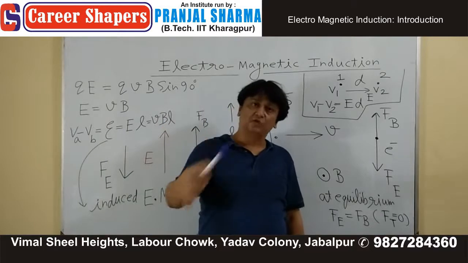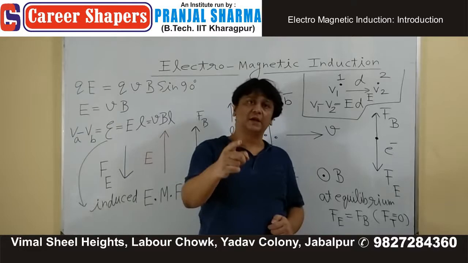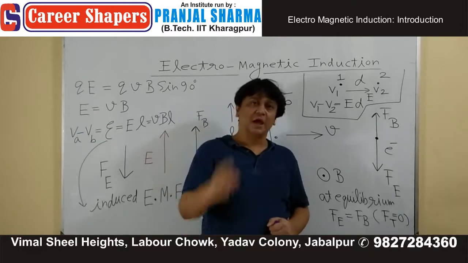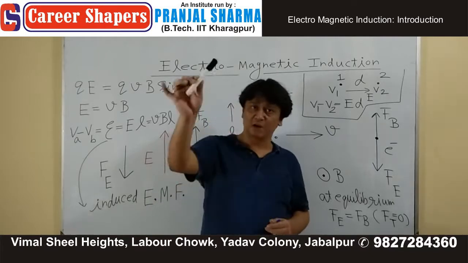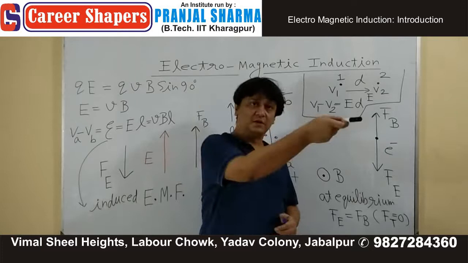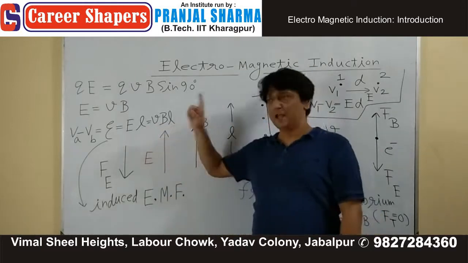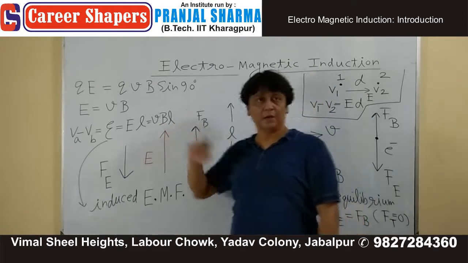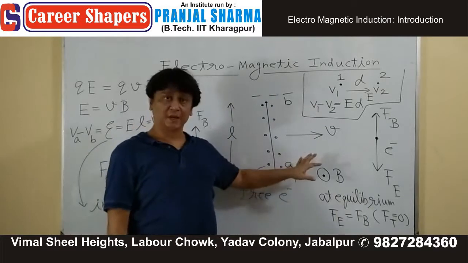Pick up anything, and the moment you move it, you're moving it in the presence of Earth's magnetic field. Even this marker, as I move it, will get an EMF of VBL, provided the angle between V and B is 90.